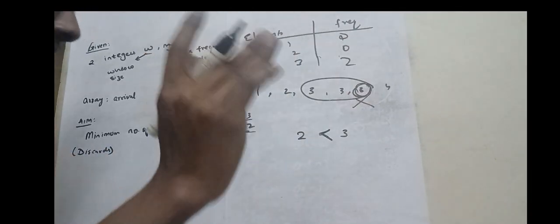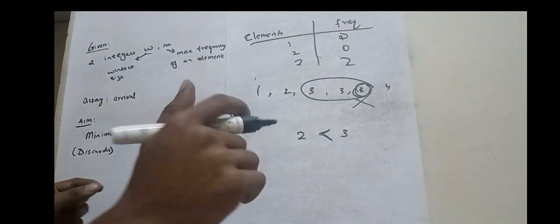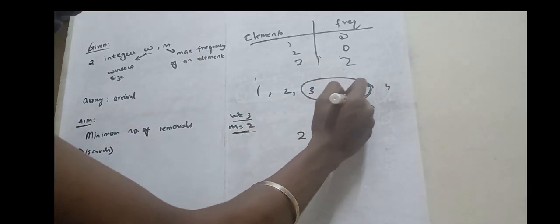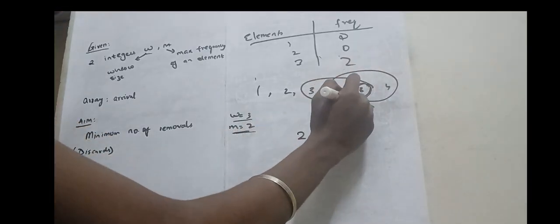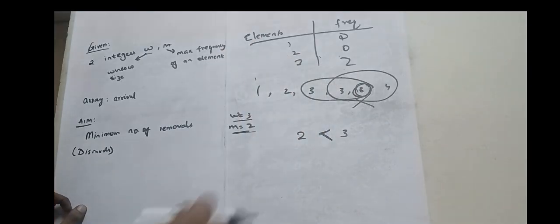When you shift it, here is where you have to pay attention. You are going to shift it. This element will pop out again. So 3's frequency will be 1 and 4 will be added again, so it's going to be 1.